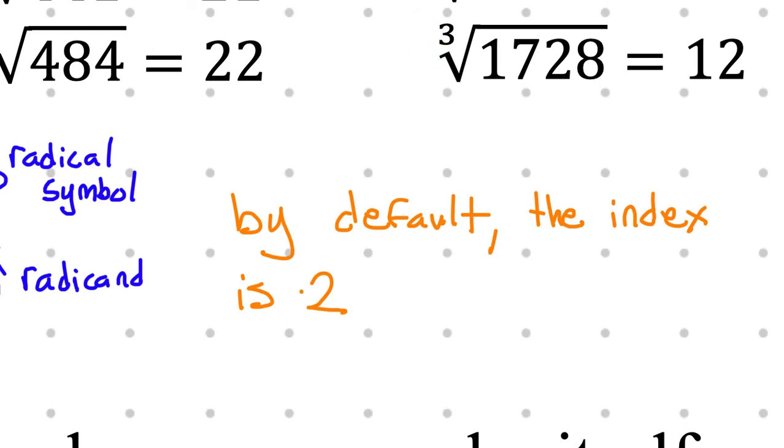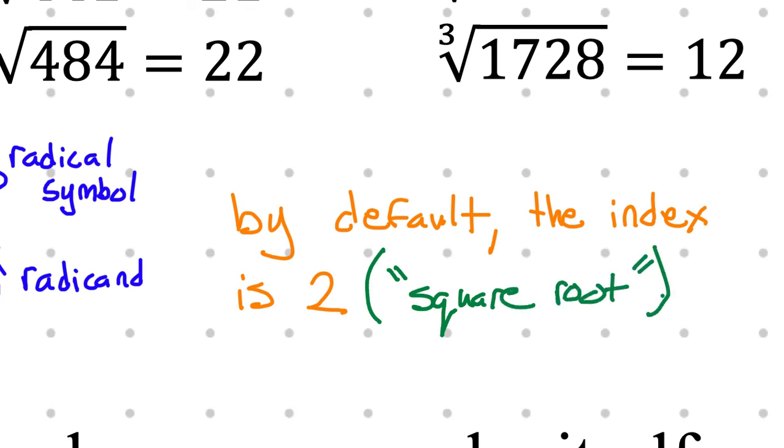Well, if the index is 2, that's called the square root, as you have seen over and over again. And then these to the power of 3 are called cube roots. To the power of 4 are 4th roots, 5th roots, 6th roots, all the way up to 10th roots. You can keep going on and on and on. Are there any questions about how to read these radicals?